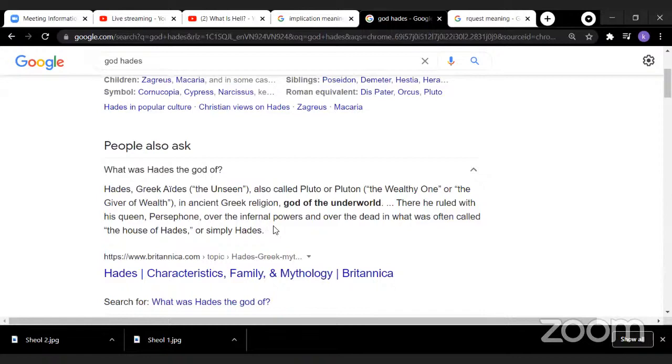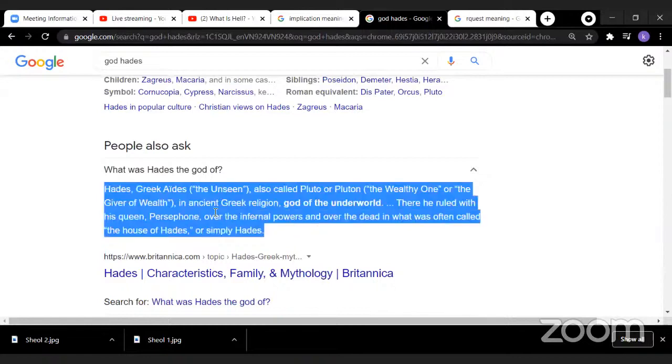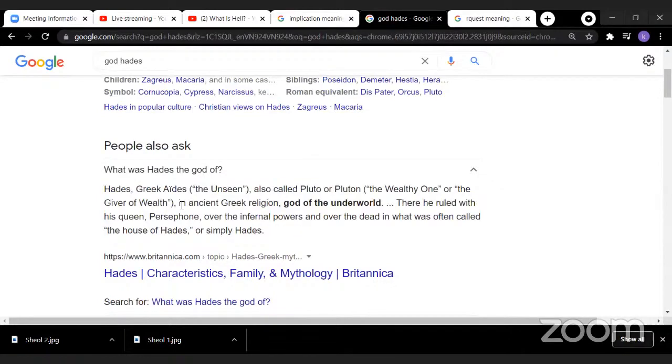Hades, Greek Hades, the unseen, also called Pluto or Pluton, the wealthy one, or the giver of wealth. In ancient Greek religion, god of the underworld. There he ruled with his queen Persephone over the infernal powers and over the dead in what was often called the house of Hades, or simply Hades.